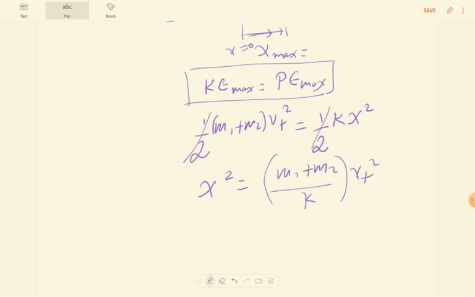Now, here with simplification, what can we do? x is simply equal to vf times the square root of m1 plus m2 divided by k.